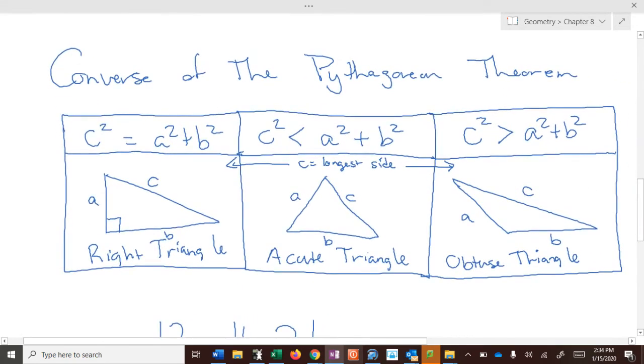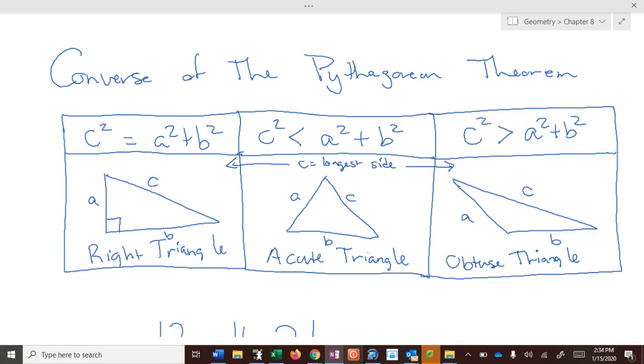Now, the converse of the Pythagorean theorem is going the other direction. Okay? If you have a triangle, is it a right triangle? And if it's not a right triangle, what is it? Acute or obtuse. Because if it's a triangle, what type of triangle is it? Acute or obtuse. So, here we go. If c squared is equal to a squared plus b squared, we know it's a right triangle, because that's what the Pythagorean theorem tells us.